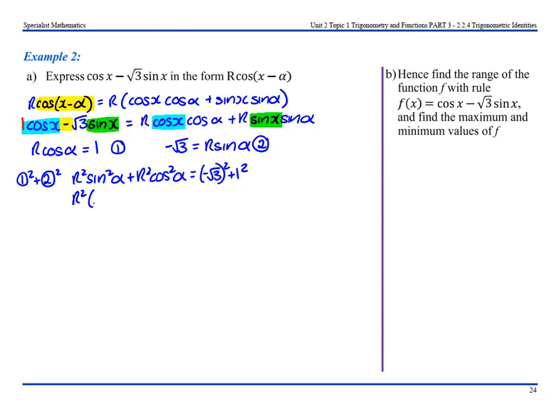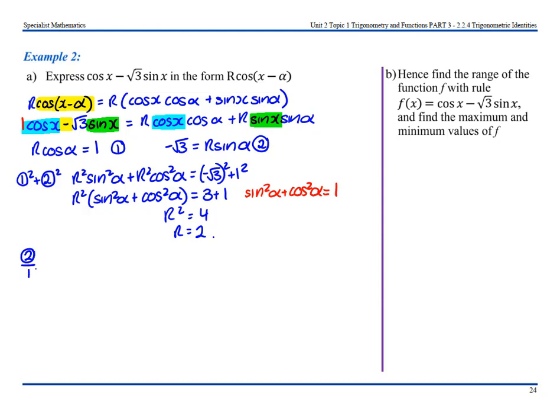So r squared, all outside of sine squared alpha plus cos squared alpha, is going to equal negative square root of 3 all squared is 3, plus 1 squared is 1. We know our identity is that sine squared alpha plus cos squared alpha equals 1. So we have r squared equals 4, so our r has to be 2. And we'll take the positive value for it.